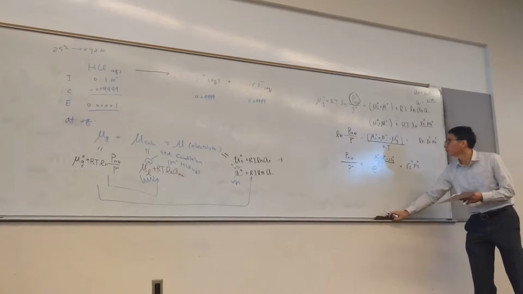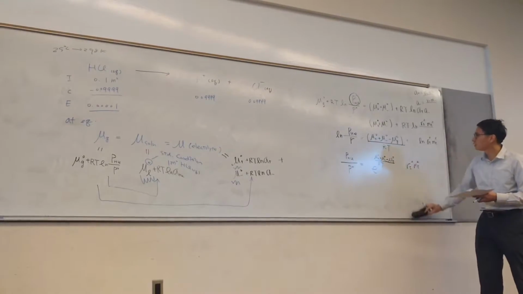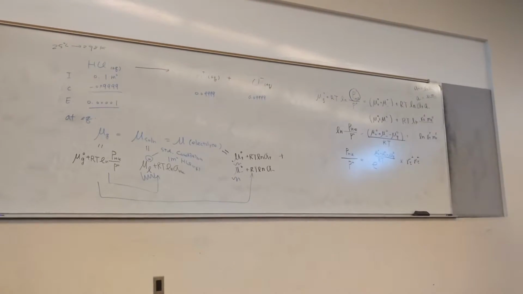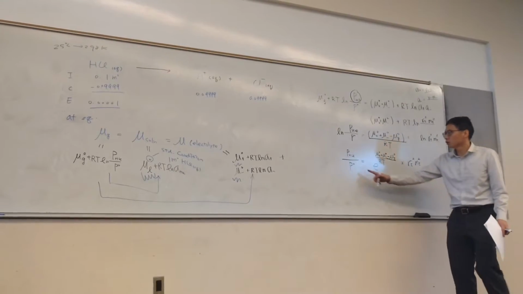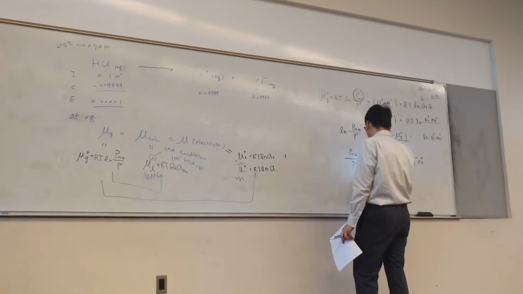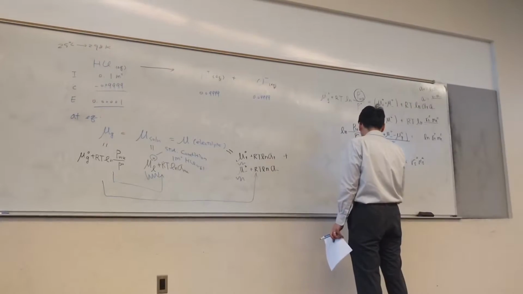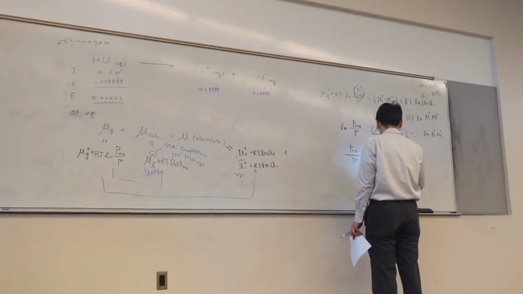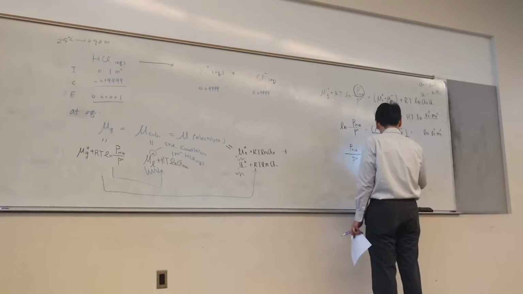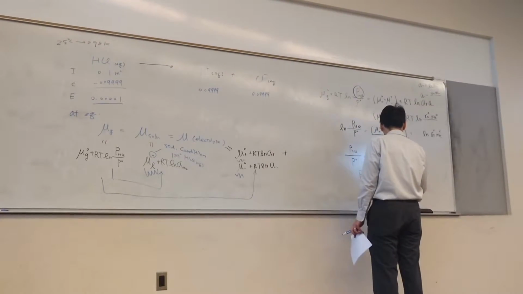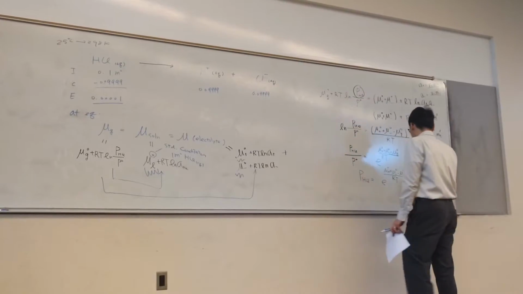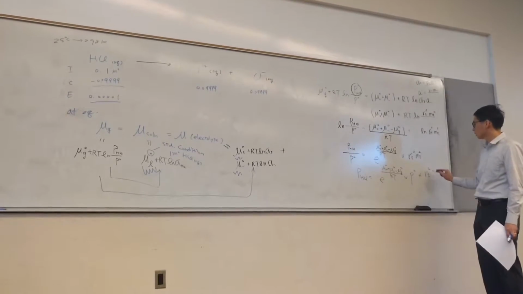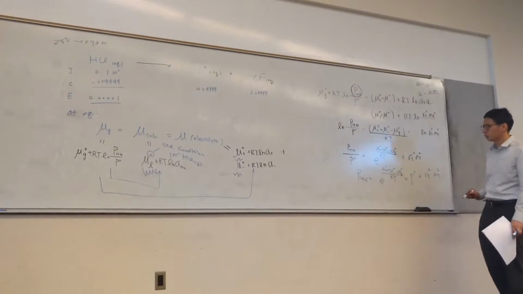So it should be, because there's a natural log here, so it becomes multiplies. Okay? And then you move your P naught to the right, you're going to have PHCl is going to equal to the exponential terms times your P naught times your gamma plus minus square times m plus minus square.